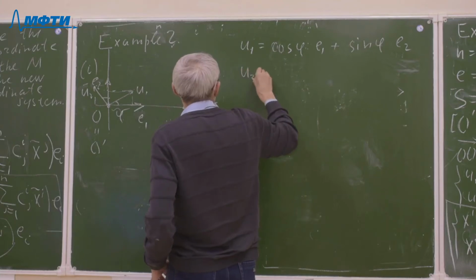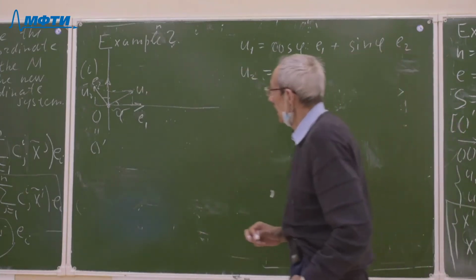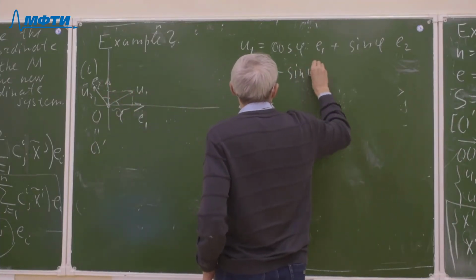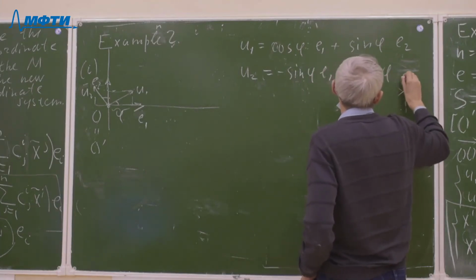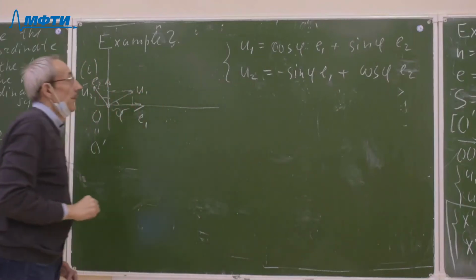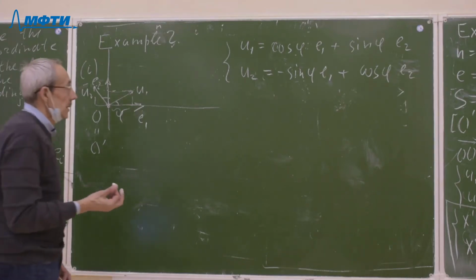And U2 in our case is equal to minus sine phi E1 plus cosine phi E2. We can rewrite this relation in terms of the matrix.